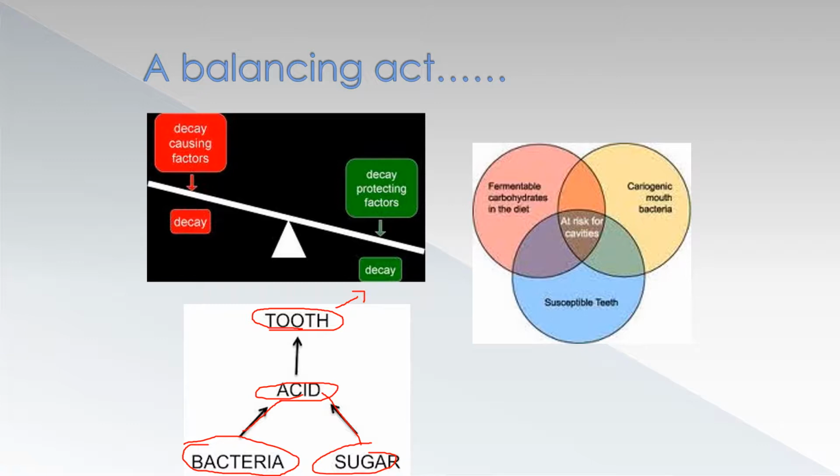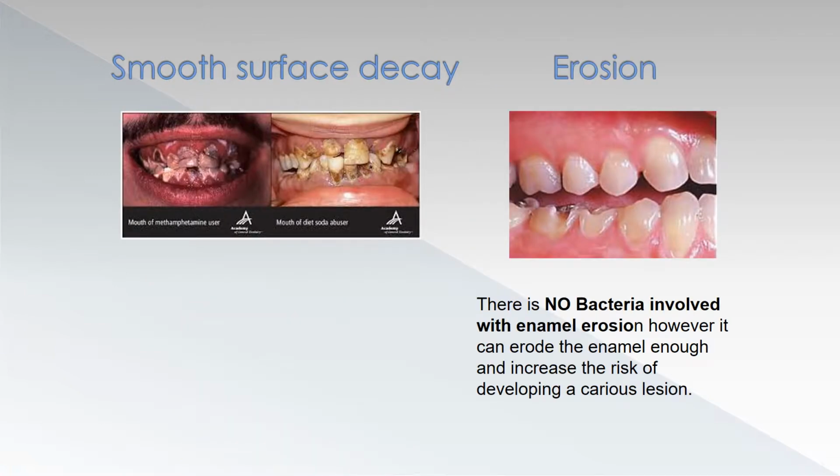And then this other band of circles gives you another idea of that. So we have smooth surface decay and we have pit and fissure decay.